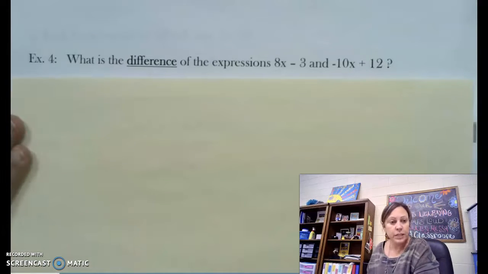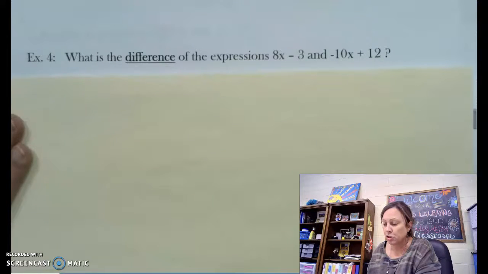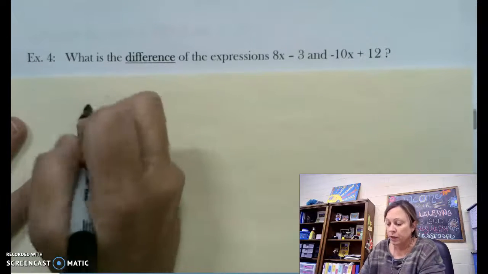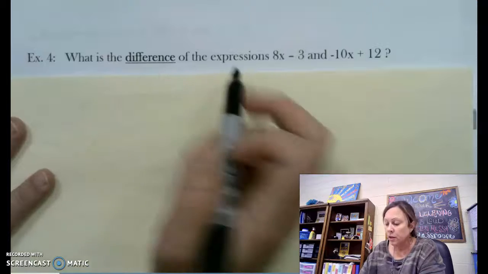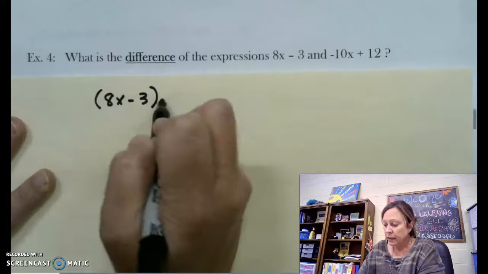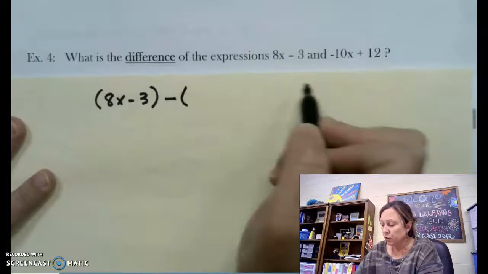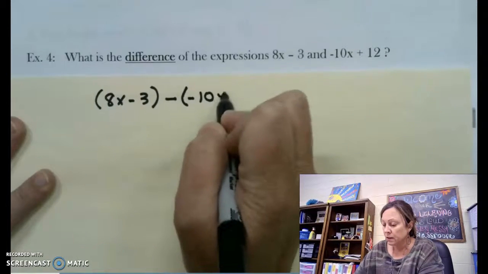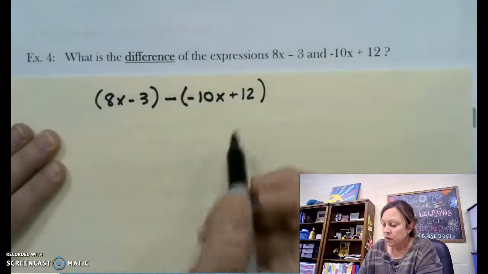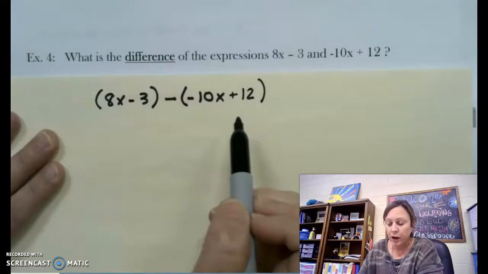Okay, let's do another example. What is the difference of the expressions 8x minus 3 and negative 10x plus 12? So again, we're finding the difference between this group of numbers and this group of numbers. Okay? So important, again, we've got our parentheses.